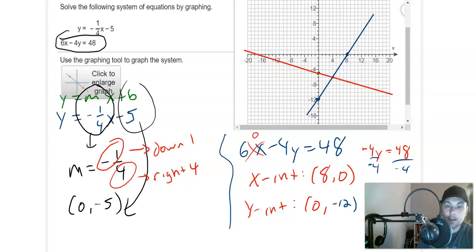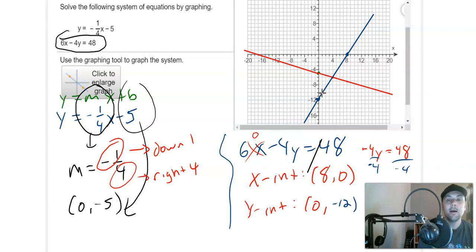This time, unlike the last problem that we did, the point where they cross is not one of the points I found, well, it was one of the points I found for the first equation, but not for the second one. Like I said, it's pretty uncommon that when you're finding your points to graph, you find where they intersect. And so we see here that the 2 points I used, 8 comma 0 and 0 comma negative 12, don't match the 2 points I did over here.